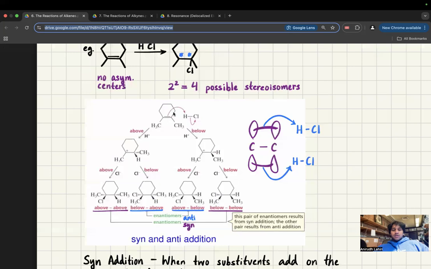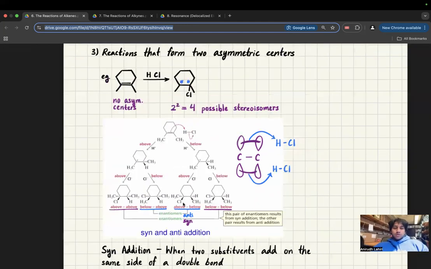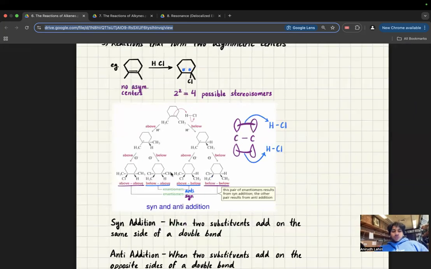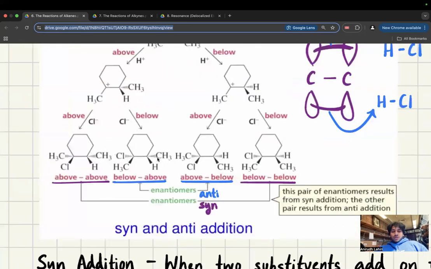Because we add here, we could have added both ways, and we add here, we could have added both ways. So there are four possible products. Syn addition is when two substituents are added on the same side of the double bond, and those are the only two products formed. Here you have both groups added on dashes, and both groups added on wedges.